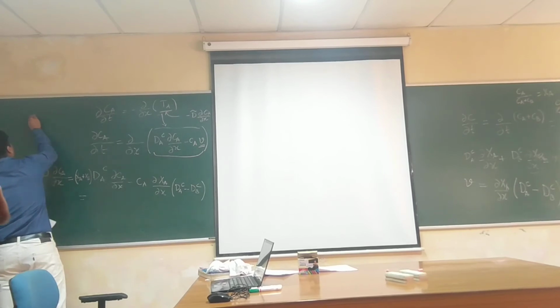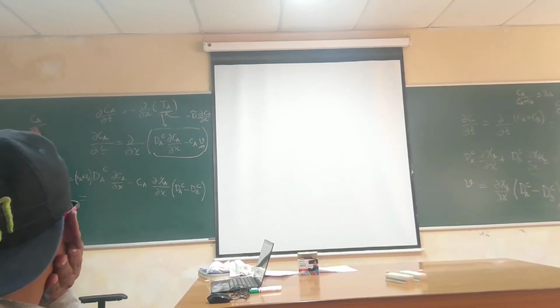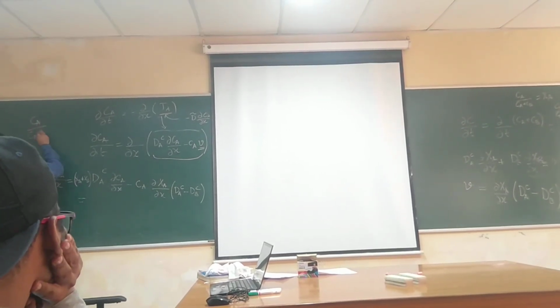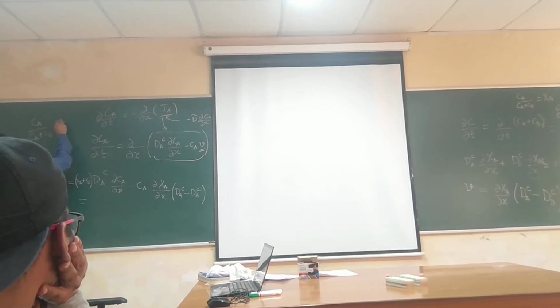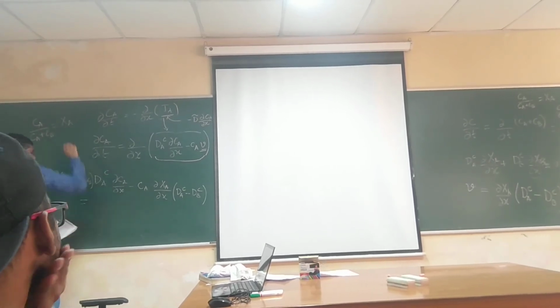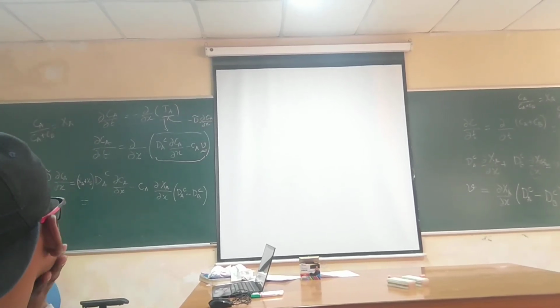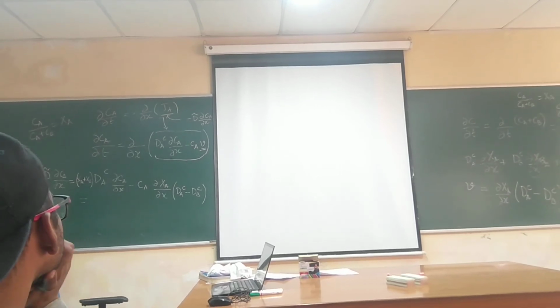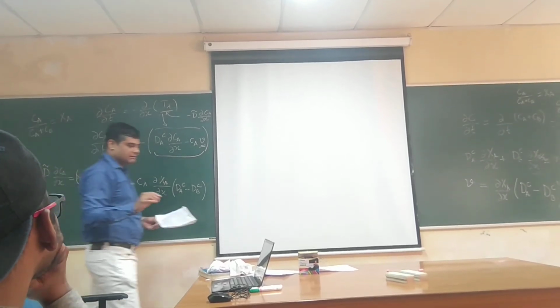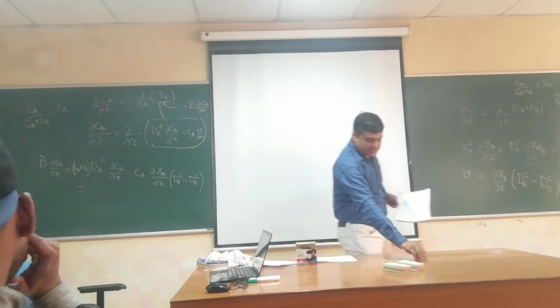The CA by CA plus CB will get into CA over CA plus CB, and that is equal to XA. Instead of having del X over del X, we can have del C over del X. You do it and tell me the D tilde expression.